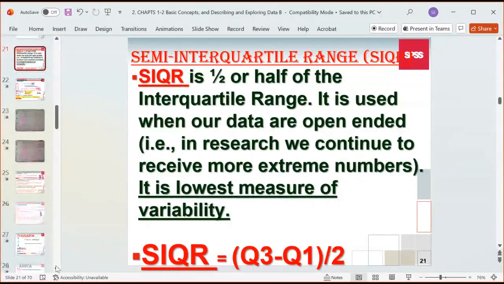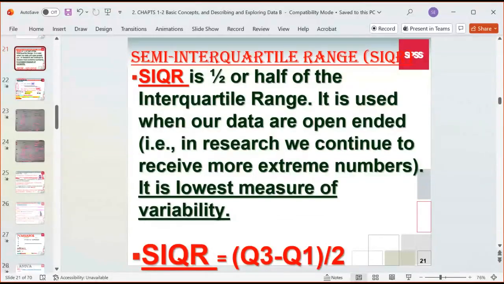Semi-interquartile range is half of the interquartile range. It's used when our data are open-ended. In research, we continue to receive more extreme numbers. It is the lowest level of measurement of variability, in this case, range.